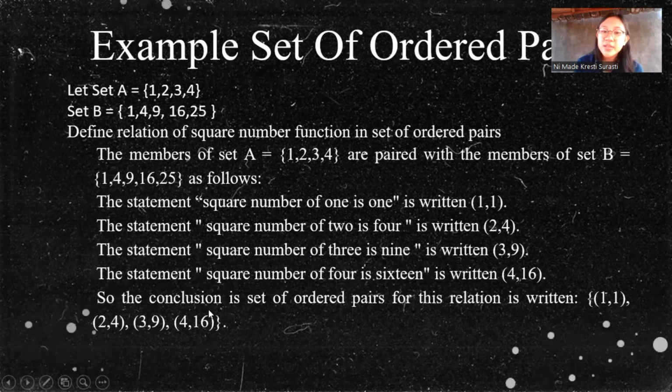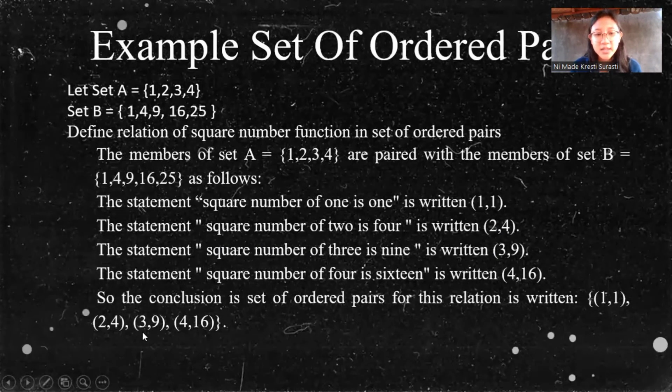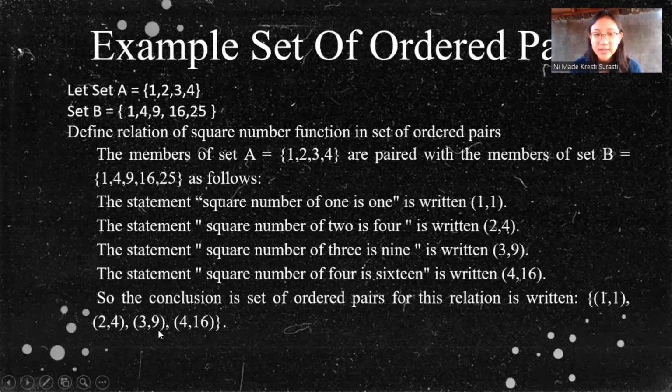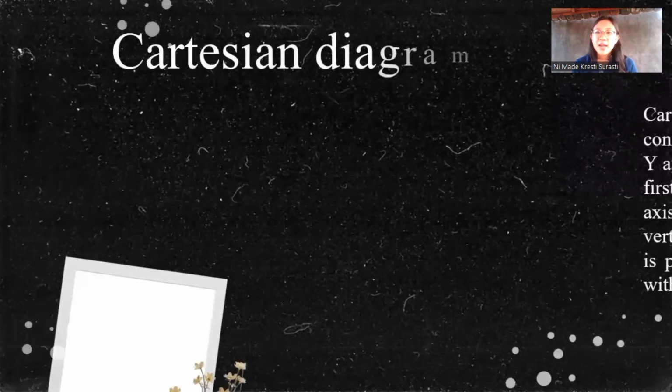So the set of ordered pairs for this relation is (1, 1), (2, 4), (3, 9), and (4, 16).